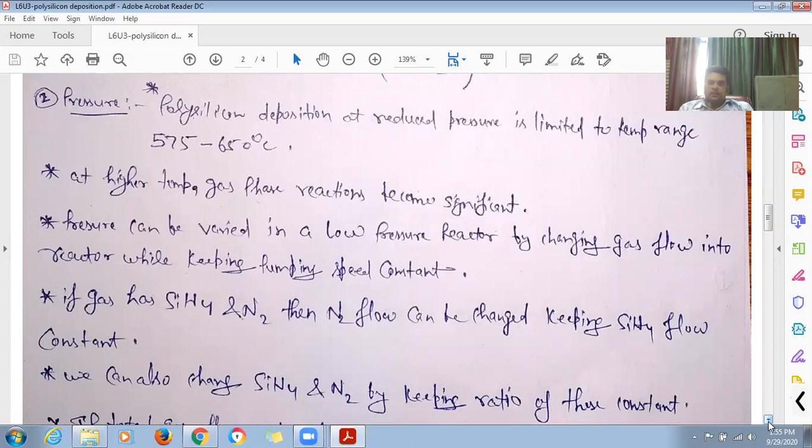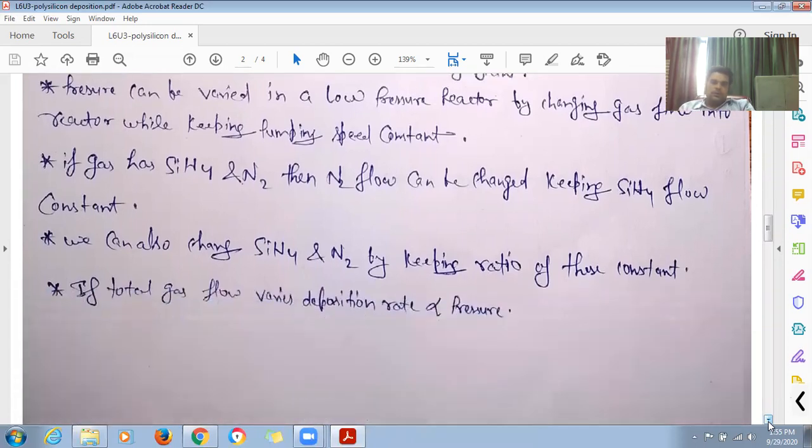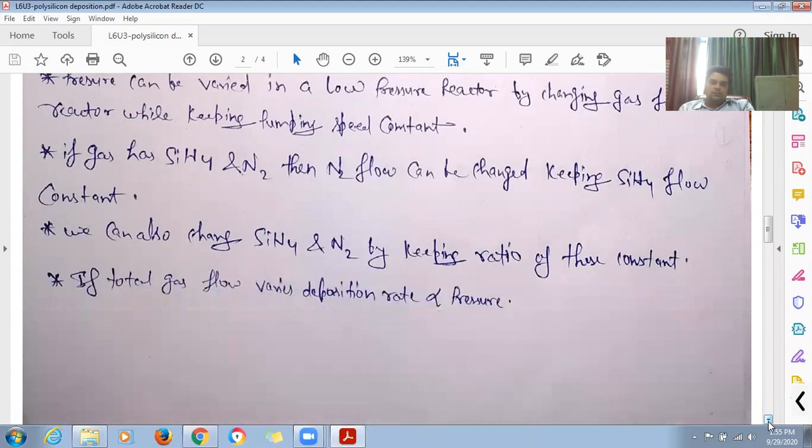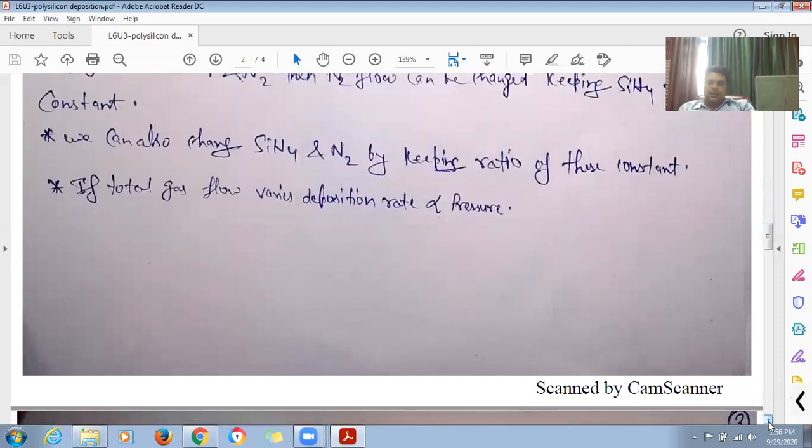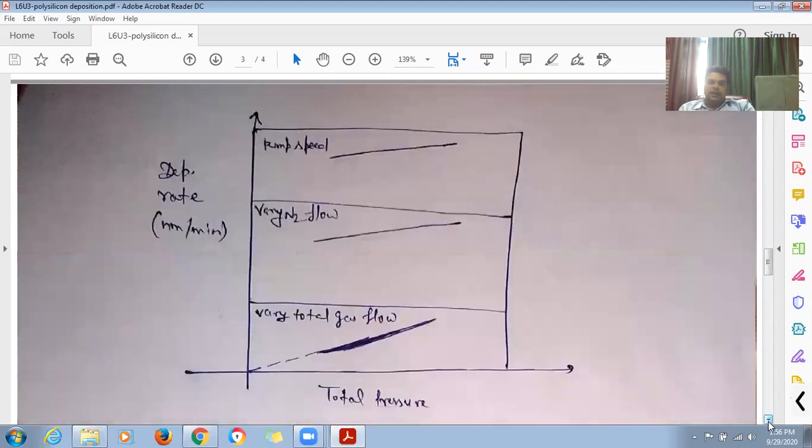And by changing the pumping speed, we can also change the pressure. If we change the total flow of the gas, meaning we change the flow of silane as well as nitrogen, then we found that it is directly proportional to the pressure. This can be made clear with the help of this diagram.